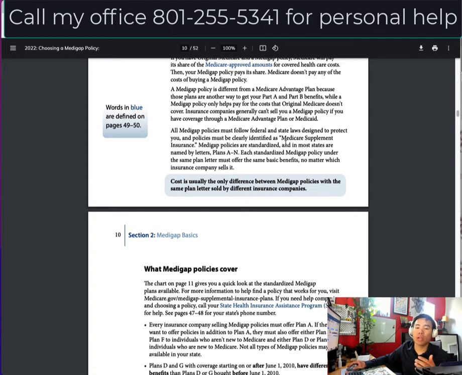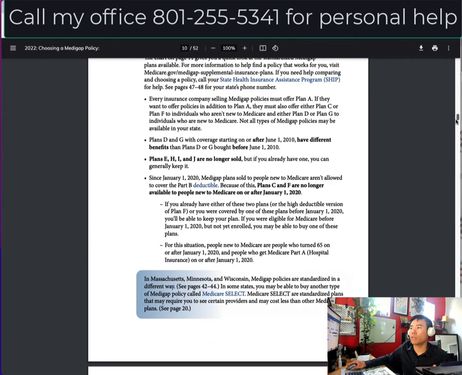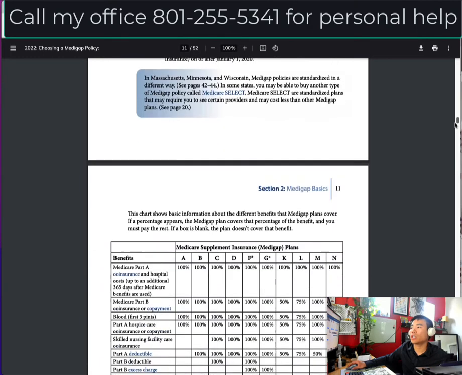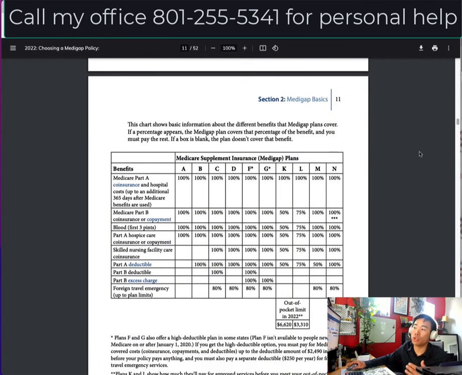So a Plan G or a Plan N with AARP Medicare Supplement is exactly the same thing, down to the fine print, as with a different insurance company such as Humana, Cigna, Aetna, Blue Cross Blue Shield, or Mutual of Omaha. They're all exactly the same thing. But obviously, the differentiation is that the premium each insurance company offers is different.